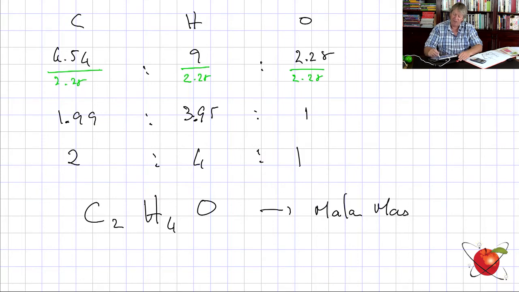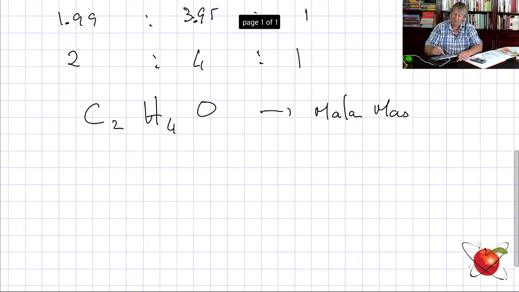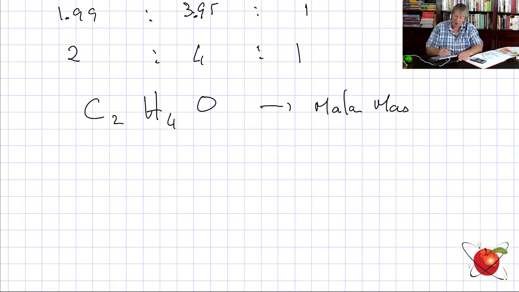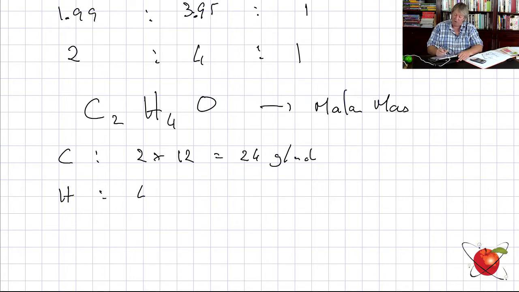Right, let's just go up. How do we work out the molar mass of this? Well, C is 2 times 12 equals 24 grams per mole. H is 4 times 1, 4 grams per mole. O, we've only got 1 times 16, which is 16 grams per mole.